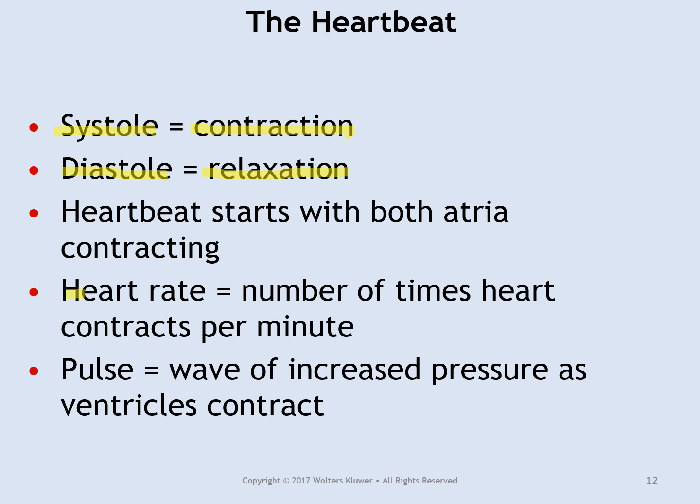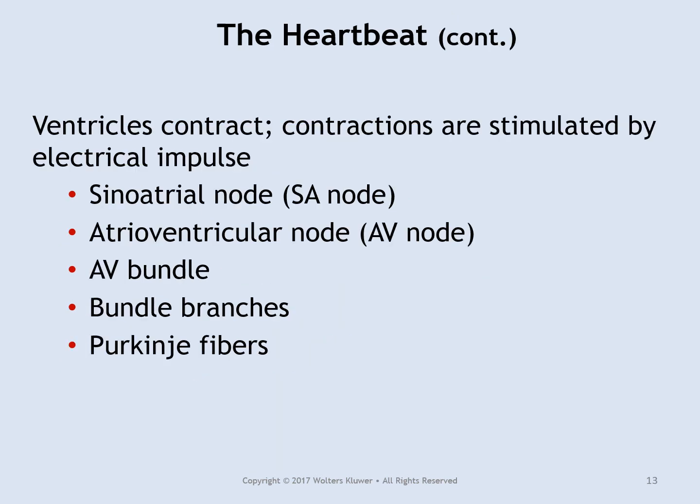A heart rate is the number of times the heart beats in a minute. And the pulse is a wave of increased pressure as the ventricles contract through systole and diastole. So when the ventricles contract, they're stimulated by electrical impulses. They move through, starting from the top, the sinoatrial node.